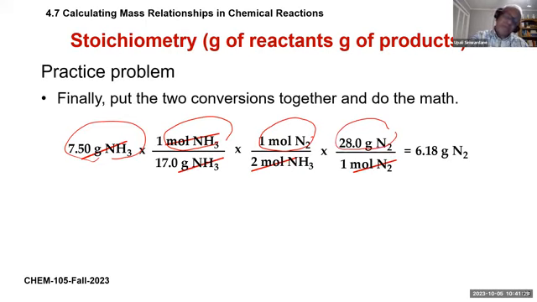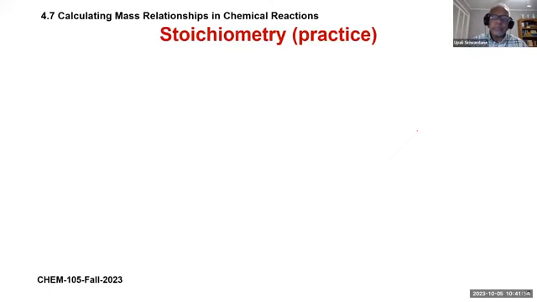This is the stoichiometric coefficient ratio. Therefore, the answer to that question is 6.18 grams of nitrogen. If you start with 7.5 grams of ammonia, you end up with that. That is a typical stoichiometric calculation. There are more practice problems.